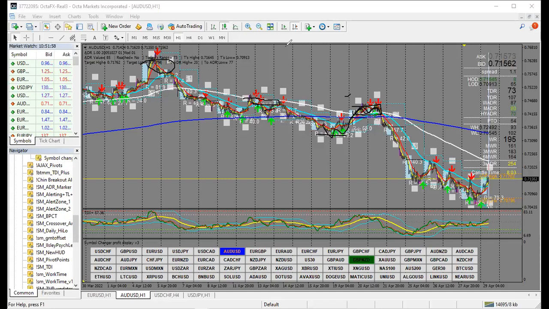Now, a pullback to the 50 MA on H4 is a risky trade, and it is a very, very good risk trade. When I say it's a good risky trade, I don't mean it is a bad trade. It is a trade with good risk management. You ask me why. Number one, when a market pulls back to the 50, and you can easily confirm on H4 that it's a pullback to the 50, forget it.